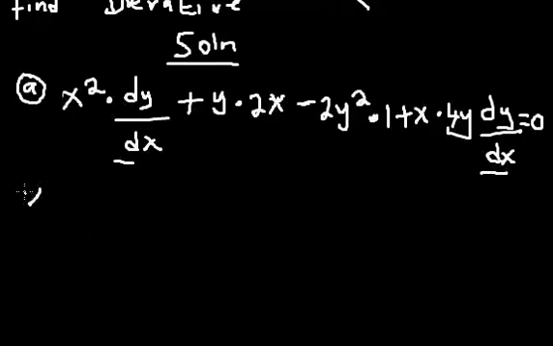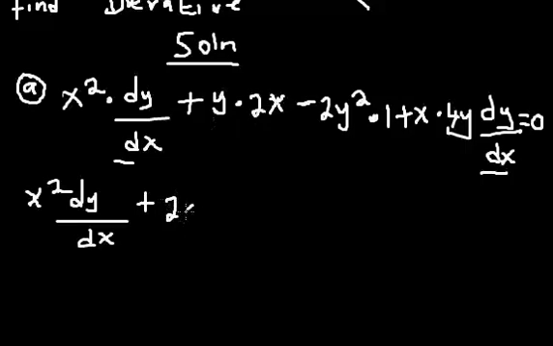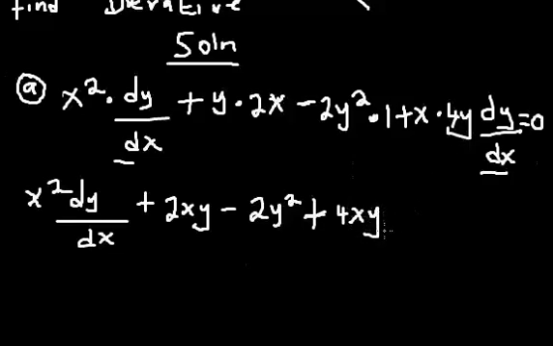So I'm having x squared dy/dx, then of course plus 2x multiplied by y, that is going to give me 2xy, then minus 2y squared multiplied by 1, that's going to be 2y squared, then plus 4y multiplied by x, that's going to be 4yx, 4xy, let me just put it in ascending order, 4xy. So don't forget dy/dx.